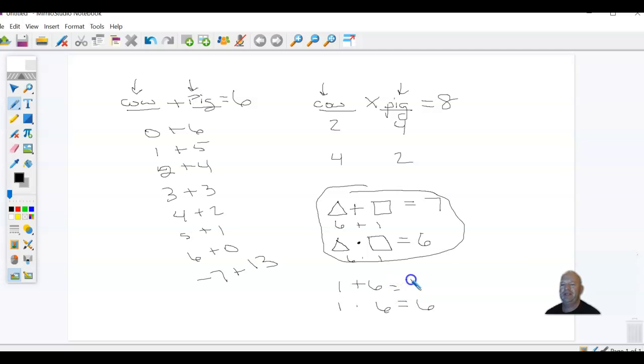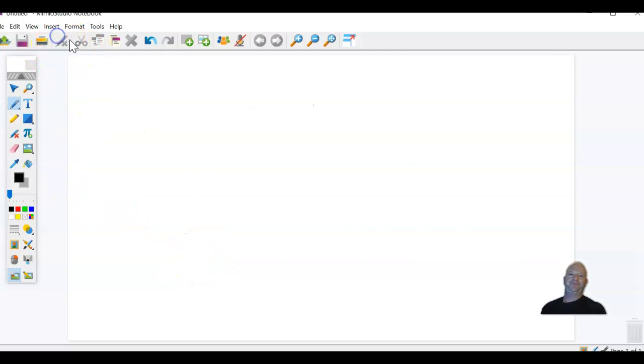Now, the ones that you're going to be working with are going to add an extra step. So let me just clear this page and we'll look at an example of one.